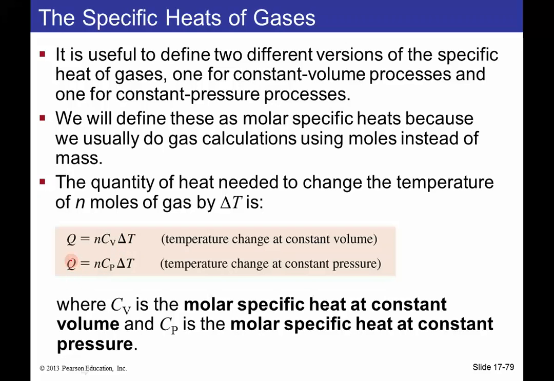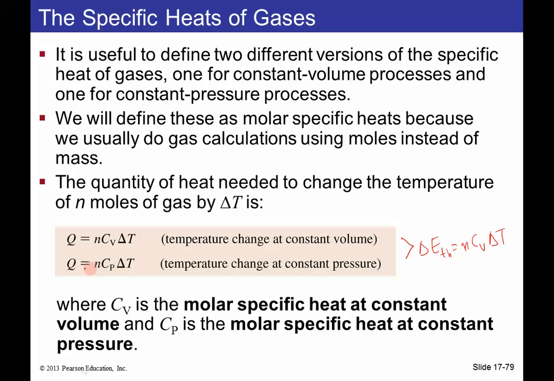If you want to do that at constant pressure, then you need this much heat, which is the number of moles times the specific heat at constant pressure times delta T. In both cases, the change in thermal energy is equal to n Cv delta T.